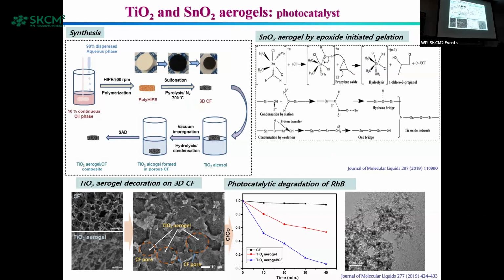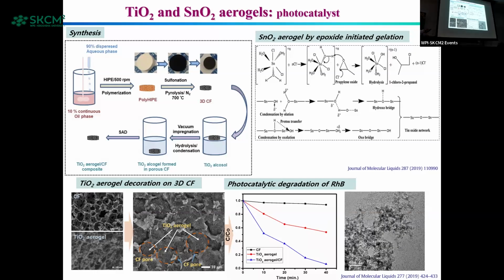We coated the titania aerogel on the surface and onto the pores of this carbon foam, and we used that for rhodamine B dye degradation, and it shows good efficiency.